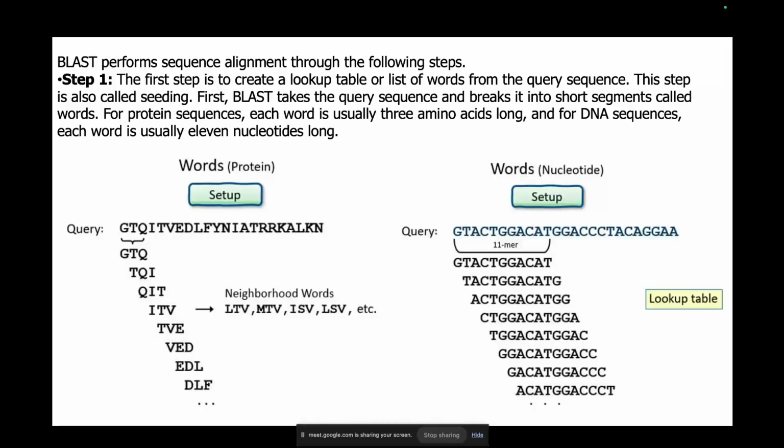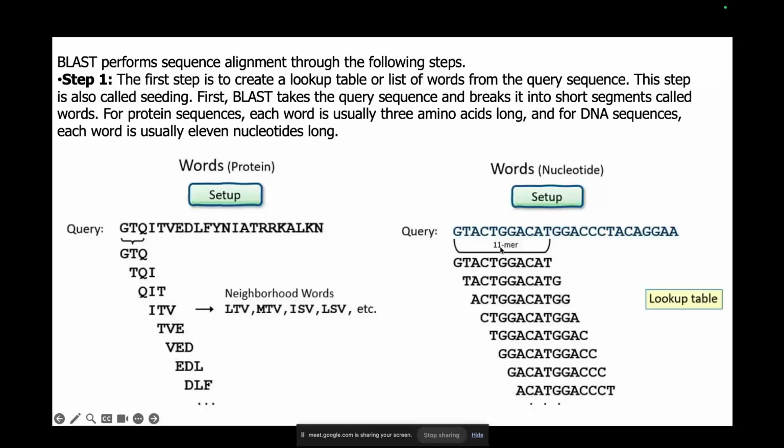For protein sequences, each word is 3 amino acids long, and for DNA sequences, each word is usually 11 nucleotides long. And if you notice, there are overlaps: GTQ, TQI, QIT. So there are overlaps between these sequences. Same in the case of nucleotide sequences, and these are called k-mers. K is basically the number of elements in this sequence, and in this case it is 11.